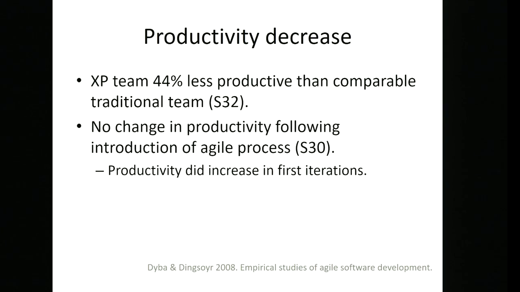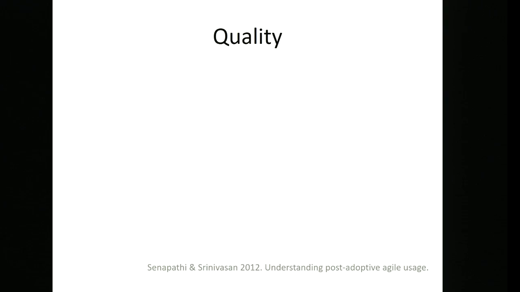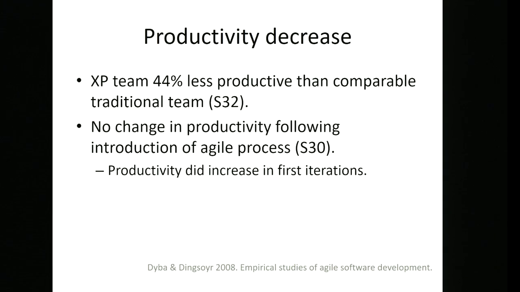Although, again, Hawthorne effect, potentially productivity did increase in the first iterations. So we see here two sides of it: some evidence of a productivity increase, some evidence of productivity decrease. This is why it's important to look at more than one study. We have to think about what the overall results are telling us.